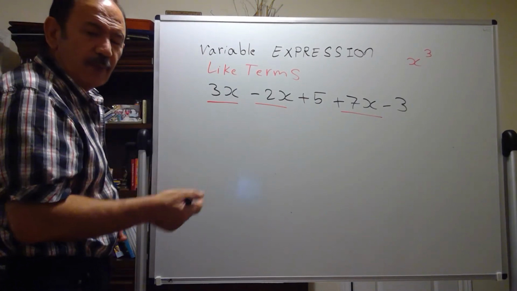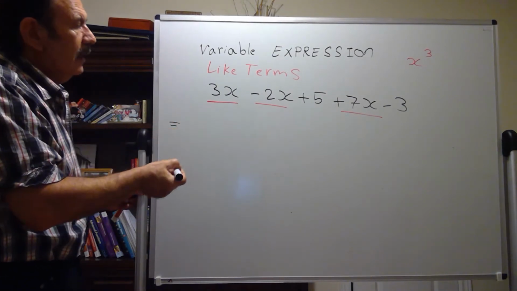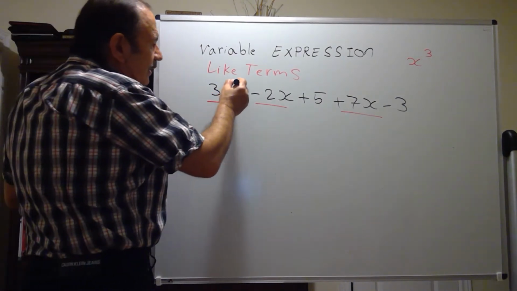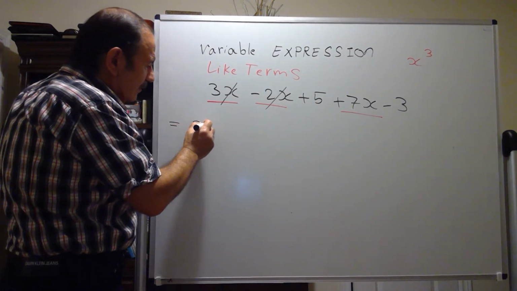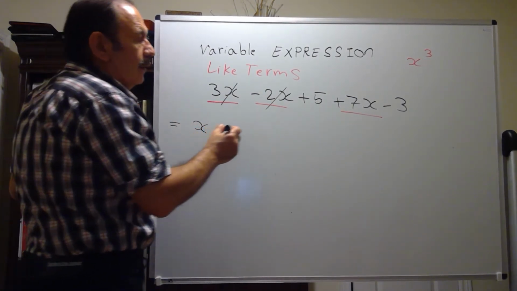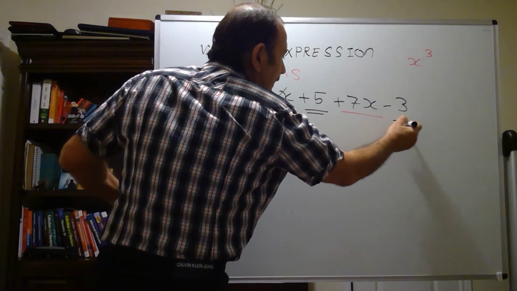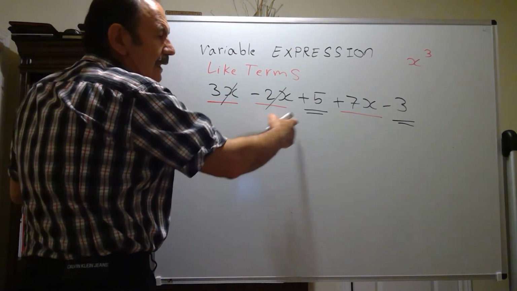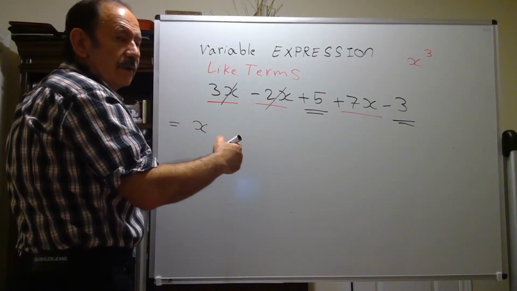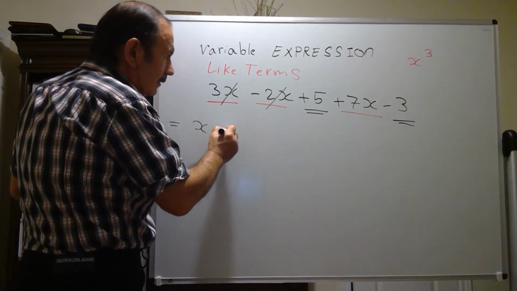We can do it one by one, step by step, or we can combine the steps. I'm doing it step by step. 3x minus 2x is going to be 1x. We don't need to write 1. And this 5 and this -3, again, are like terms. I can add this 5 and -3, which is going to be +2.